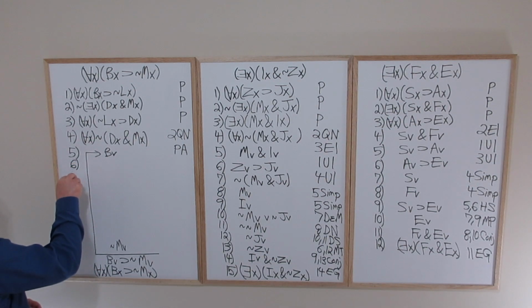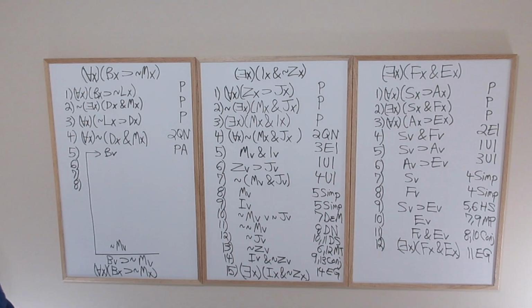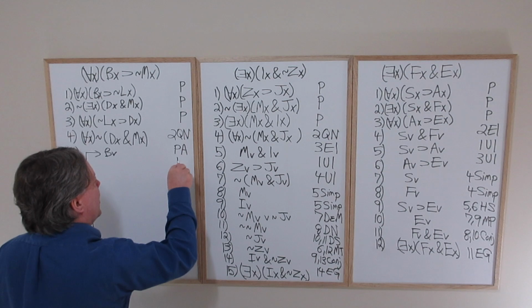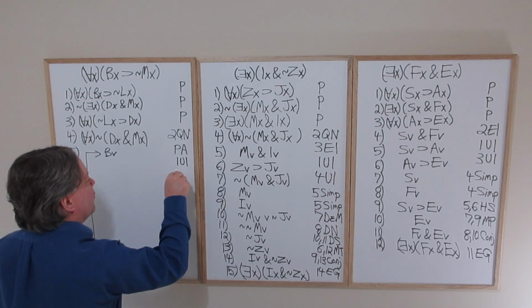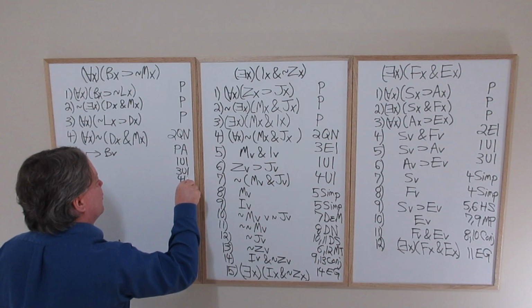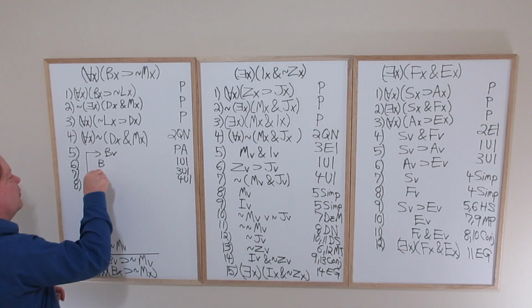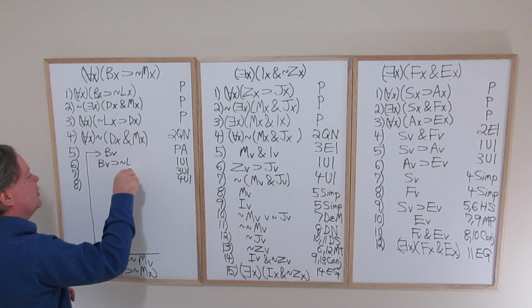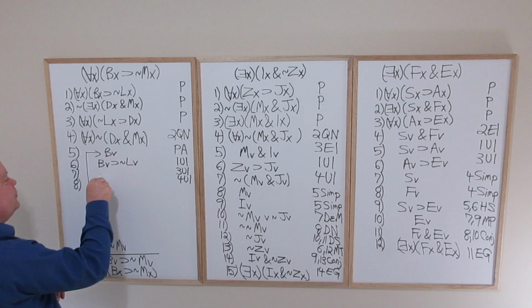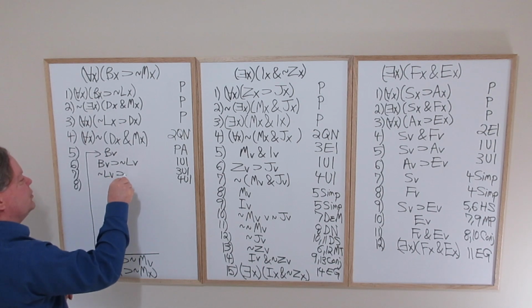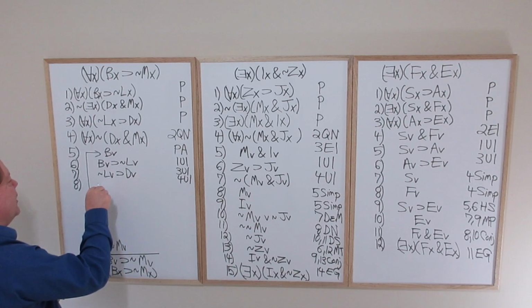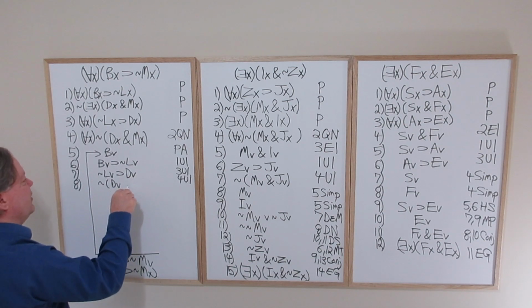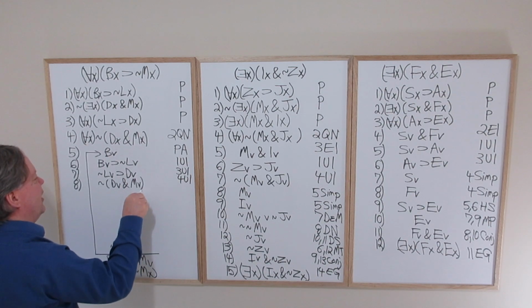So, having made the provisional assumption, we've determined that the subject of the sentences is going to be unspecified V. So we just now go 1 UI, 3 UI, 4 UI to get B(V) horseshoe tilde L(V), tilde L(V) horseshoe D(V), and tilde D(V) and M(V).